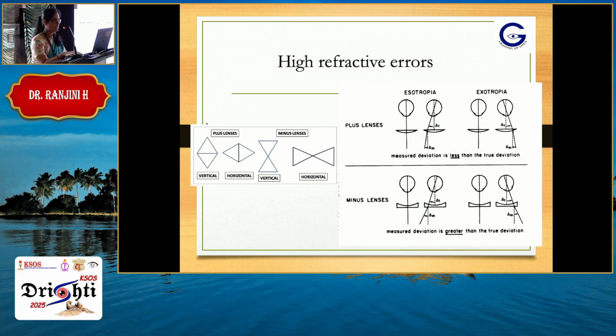Coming to the high refractive errors, basically plus lenses are with their bases together, and minus lenses are with their apexes together. So any patient with plus lenses will always have a measured deviation less than the true deviation, and minus lenses will show a greater than the true deviation.